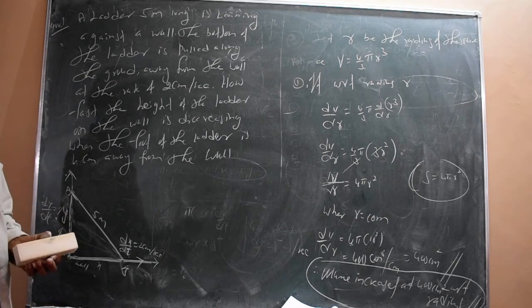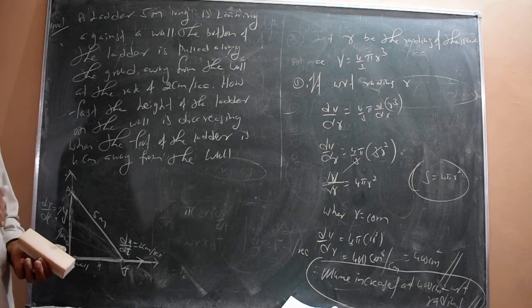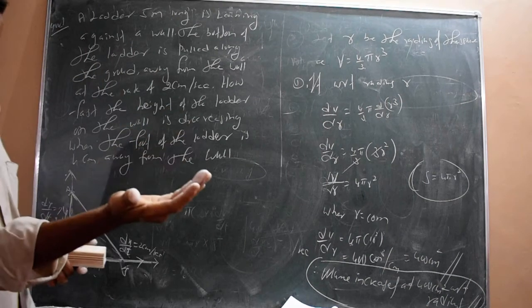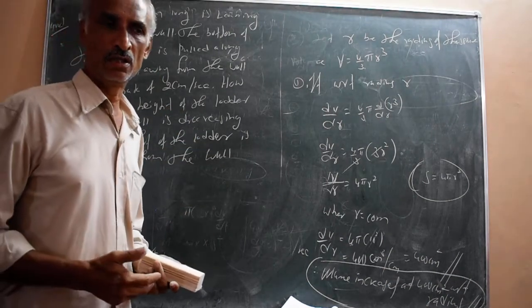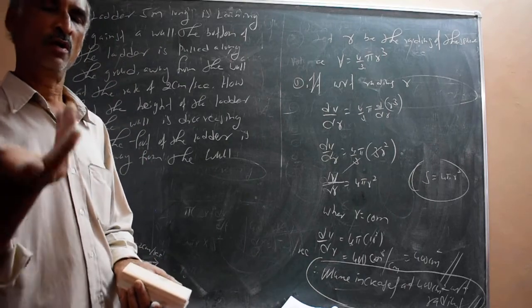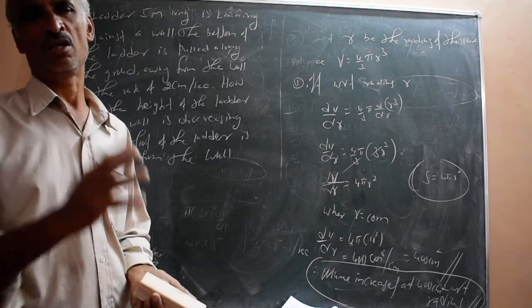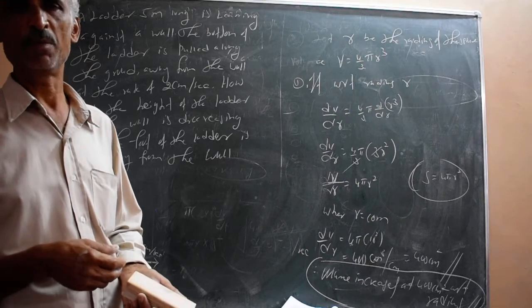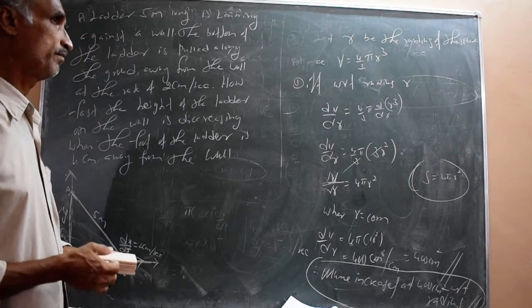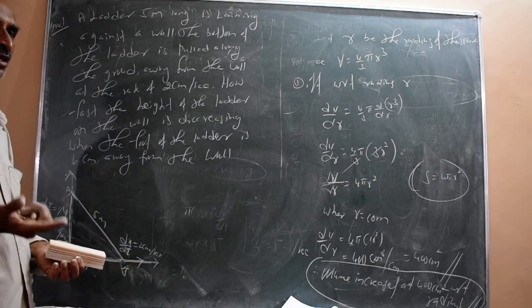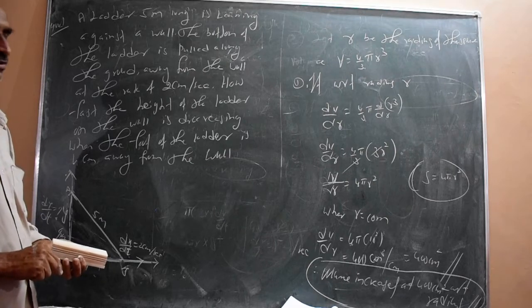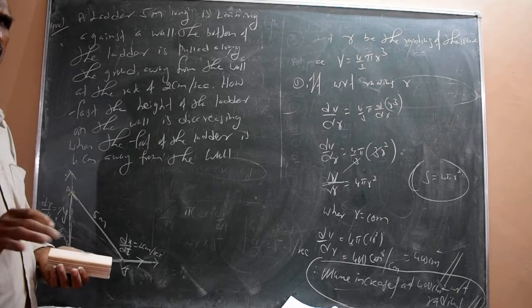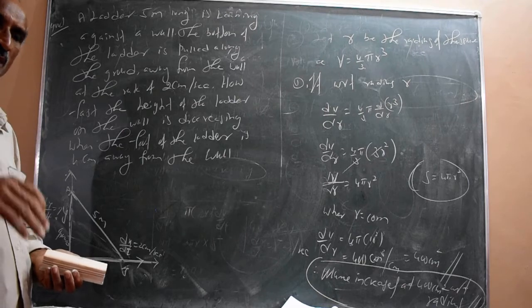Decrease or increase means it is a rate of change. If your percentage increases, there is a change, and if the percentage decreases, also you can say there is a change in my percentage. Therefore, rate of change does not necessarily mean an increase, maybe a decrease in quantity also. Both are denoted by dy by dx.